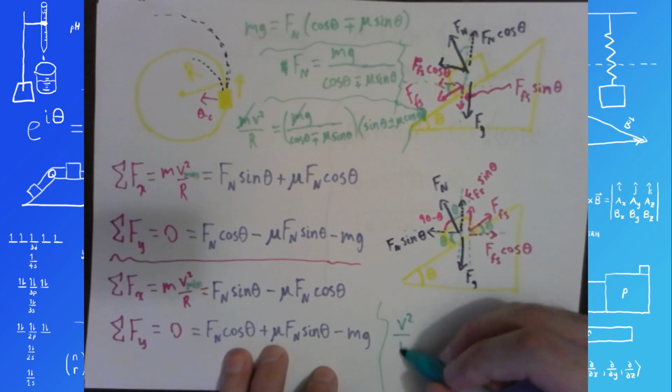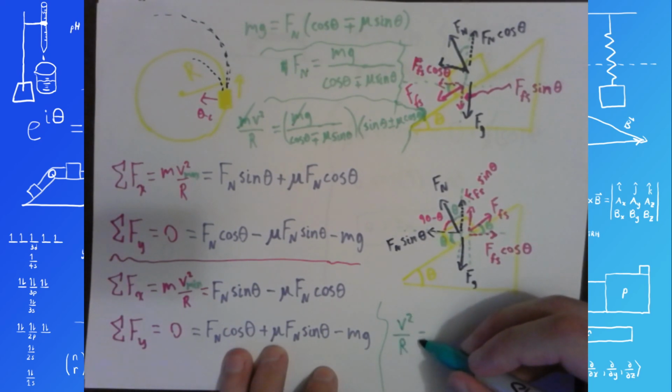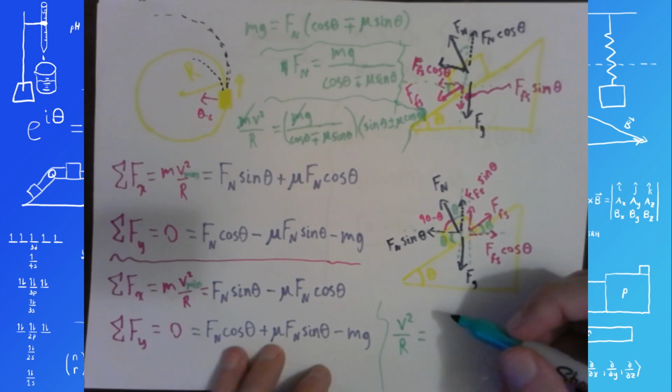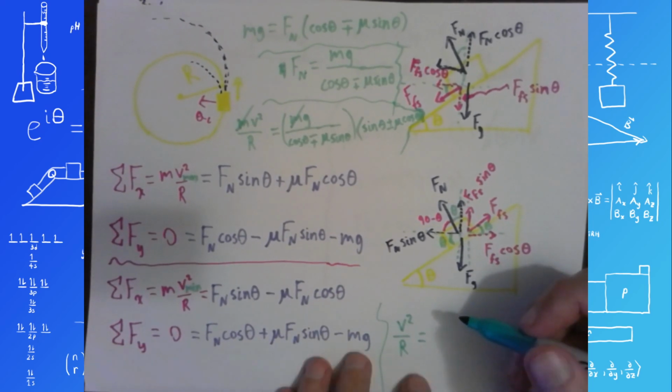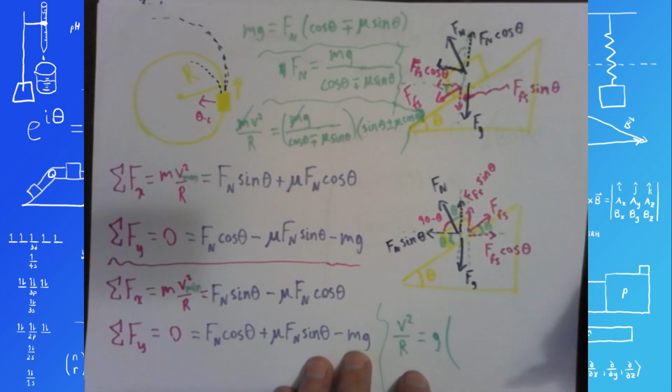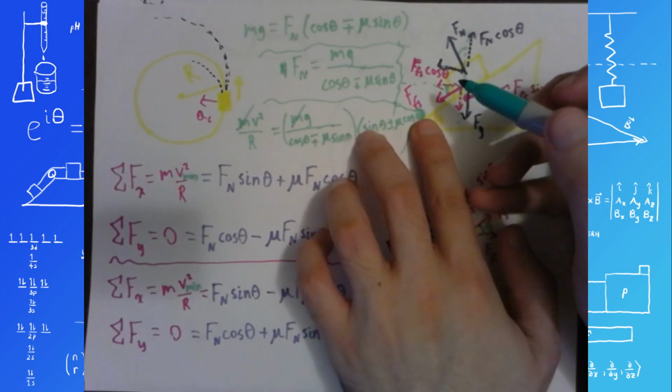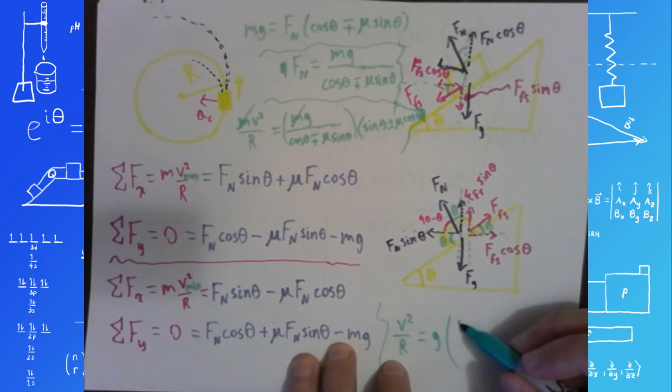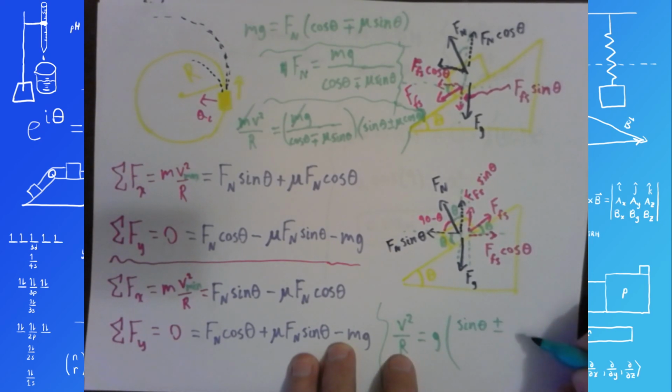V squared over r is equal to g times, I'm going to move all this stuff into the numerator, sine theta plus or minus mu cosine theta over cosine theta minus or plus mu sine theta.